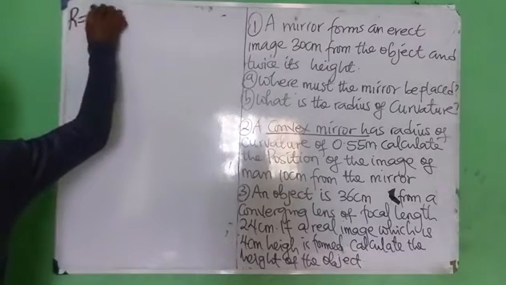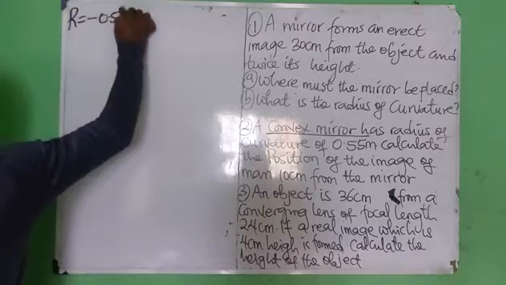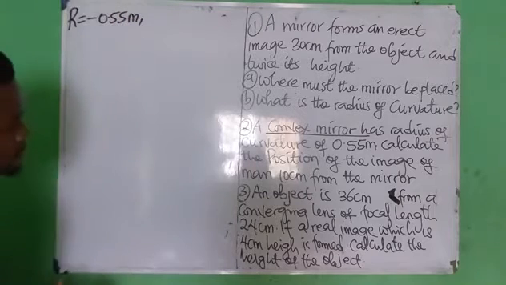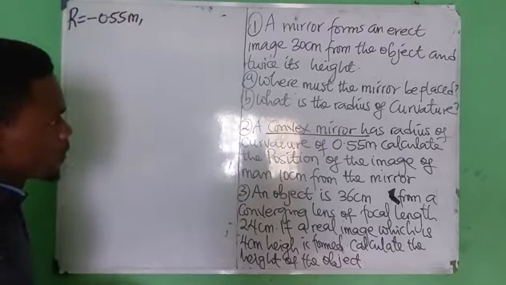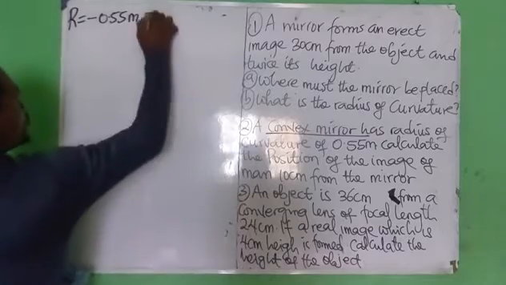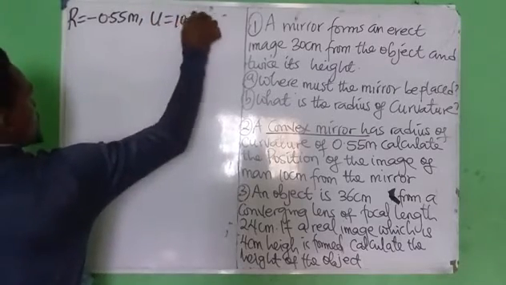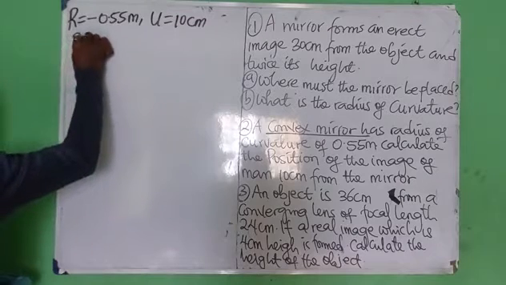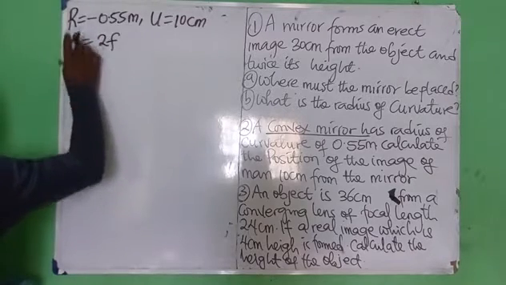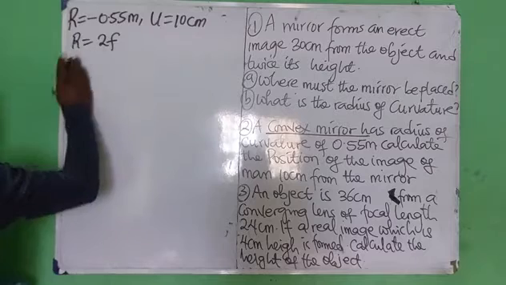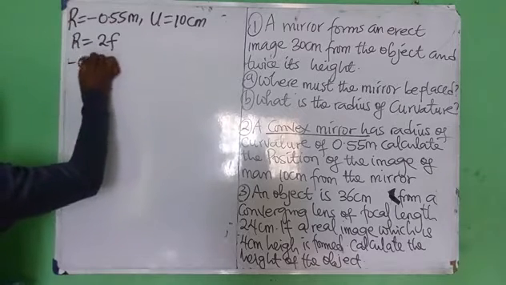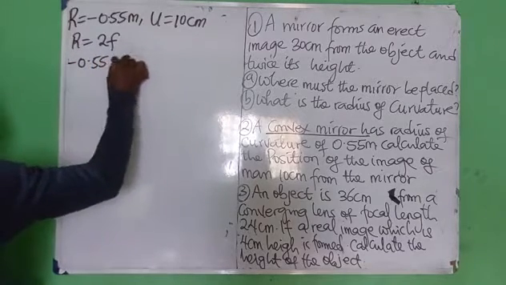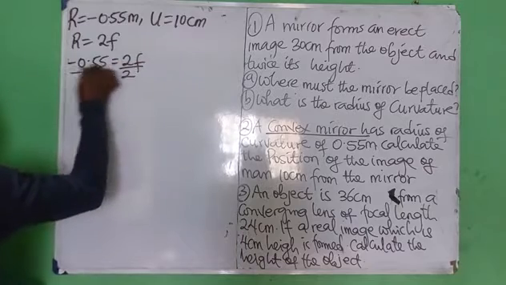So I'll have it as minus 0.55 meters. All right, and u is 10 centimeters. So what do we do next? Don't forget that radius of curvature is equal to 2f. You have minus 0.55 equals 2f. Divide both sides by 2.